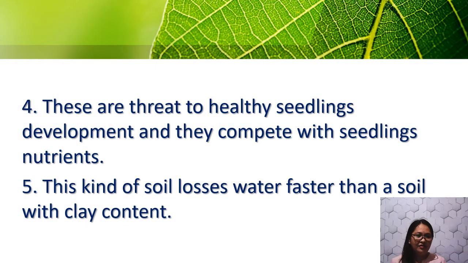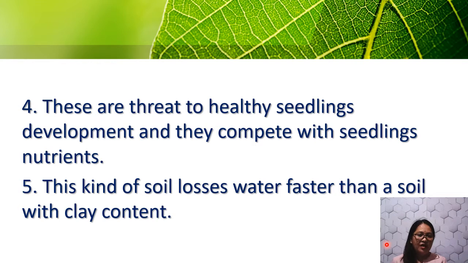Number 4. These are threats to healthy seedlings development, and they compete with seedlings for nutrients. Last, number 5. This kind of soil loses water faster than a soil with clay content. Okay, I think you're done with Learning Task 1.